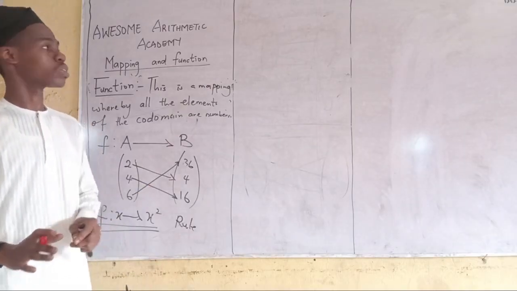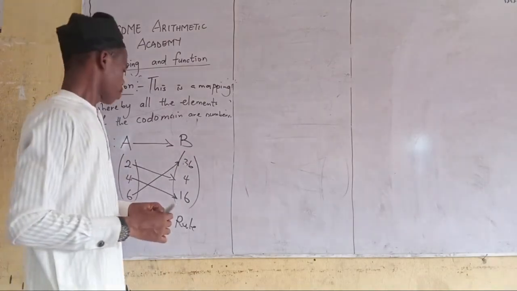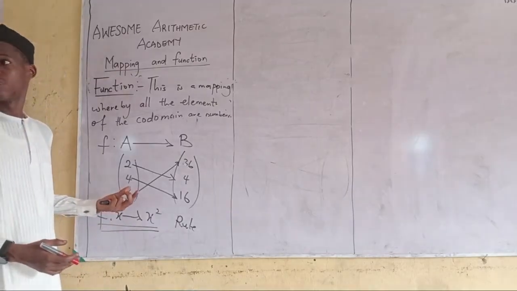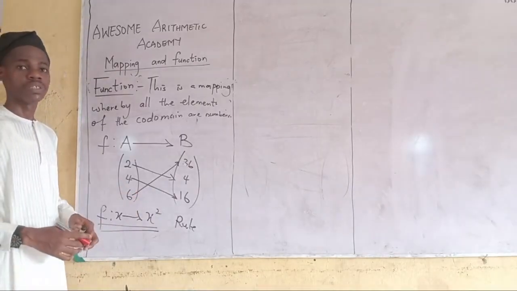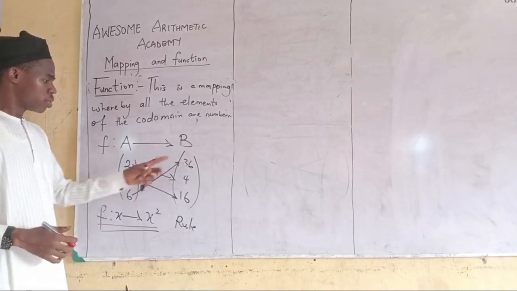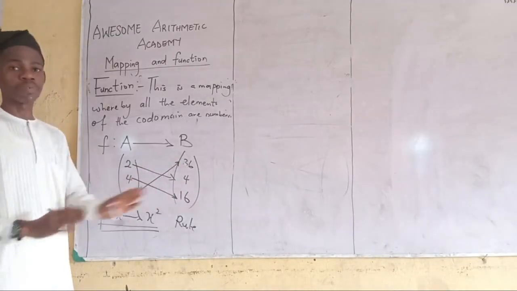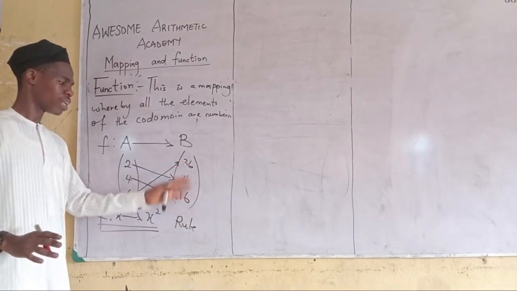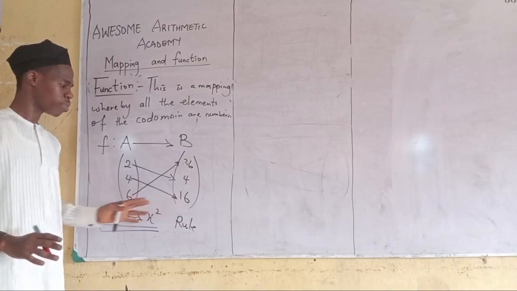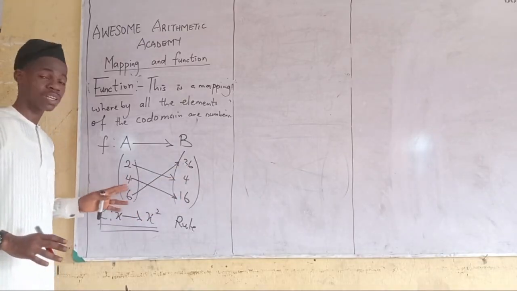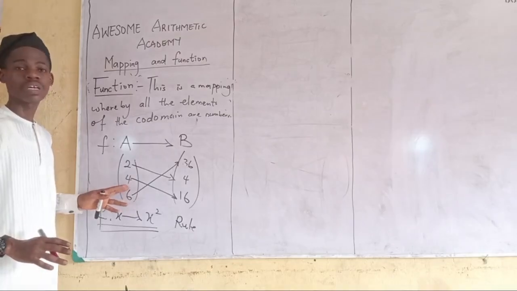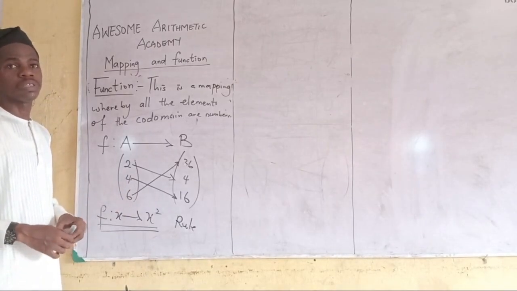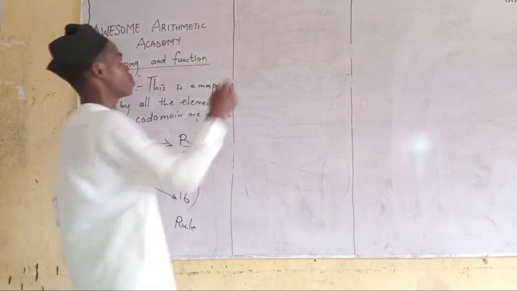I hope that's understood. For instance, this one like this, it is one-to-one. The reason is because we already know that it's a mapping. Then the second reason is that all the elements here are not attached to more than one element at the domain. So in that case, it is one-to-one.